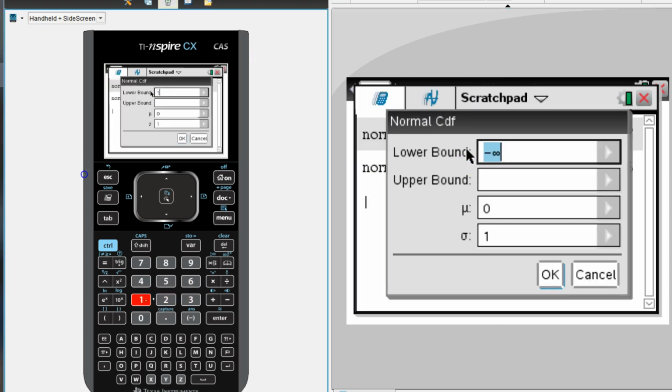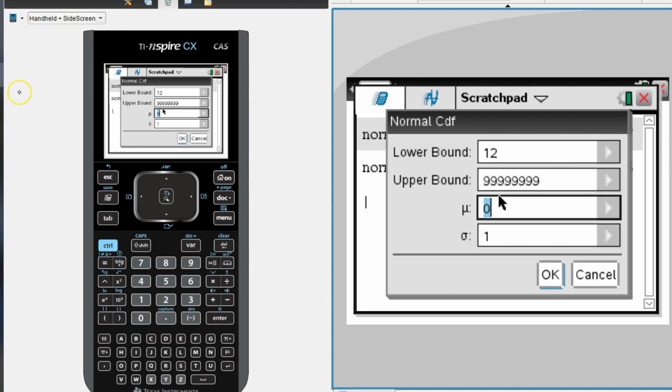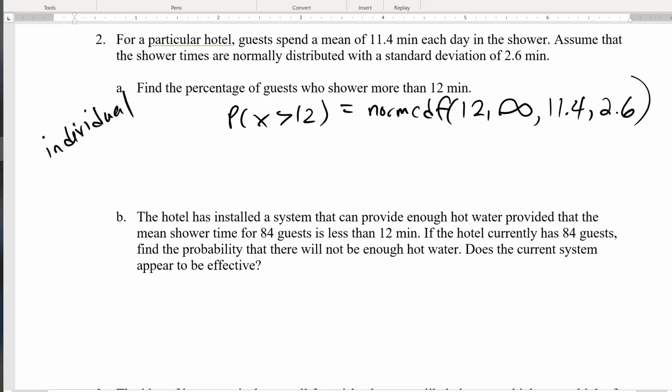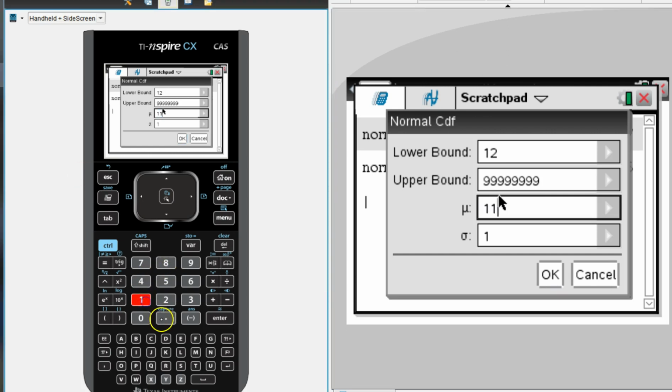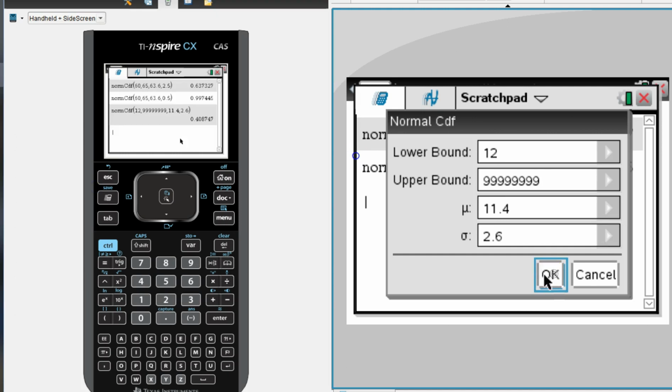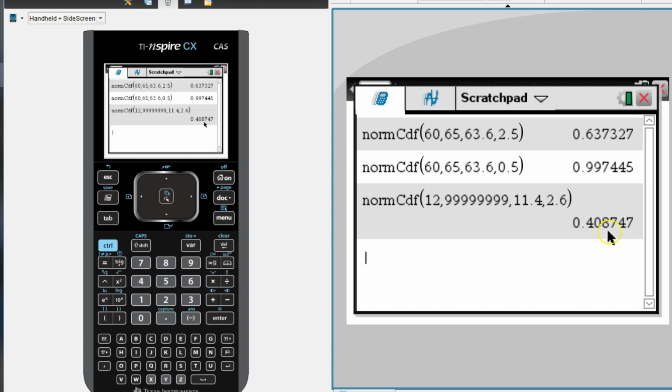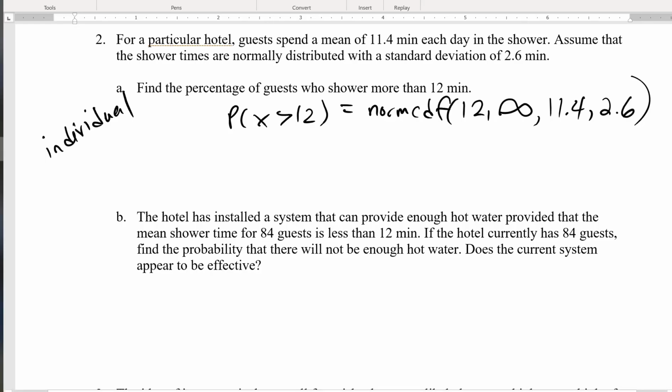We were going from 12 to infinity with a mean of 11.4, then 2.6. Okay? So about 40.8%, 40.9%, 0.409. So about 40% of people shower more than 12 minutes.